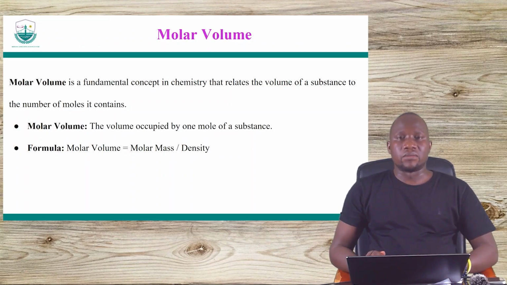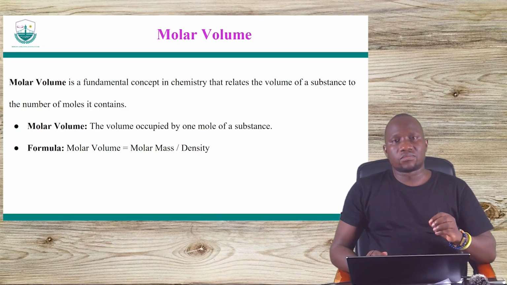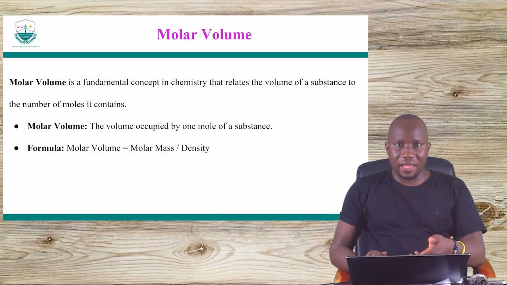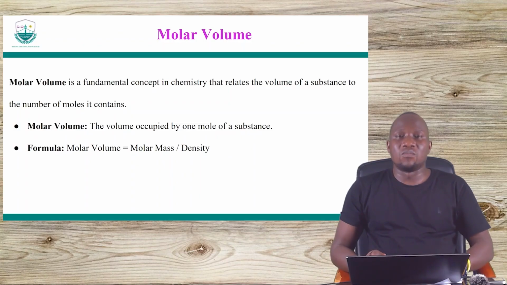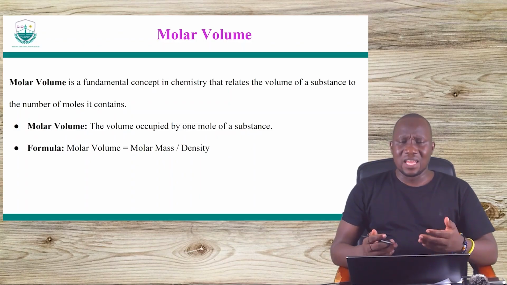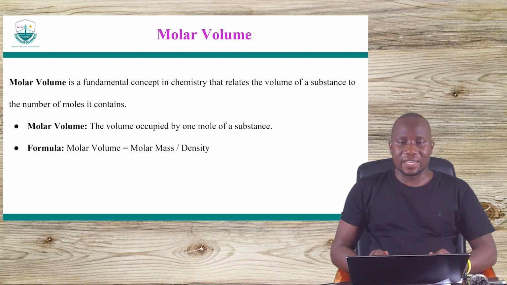Now when we talk about molar volume, we are basically referring to the volume that is occupied by 1 mole of a substance. And in this case, our focus is on gases. Molar volume of a gas, what is it?